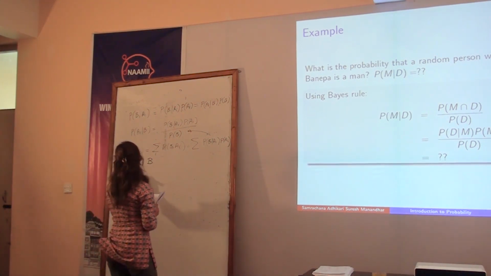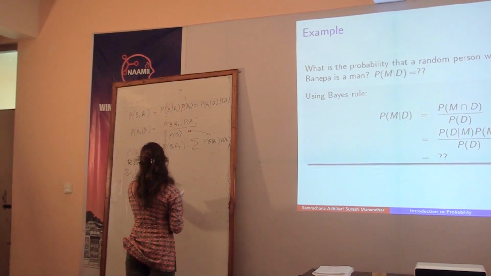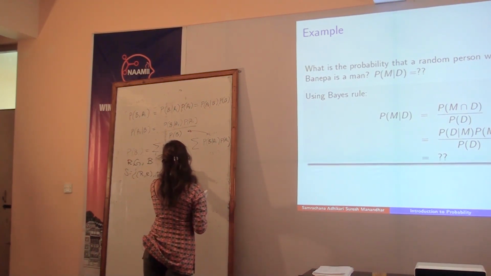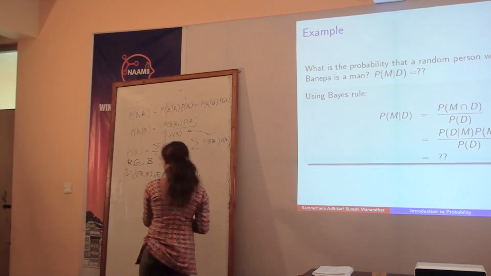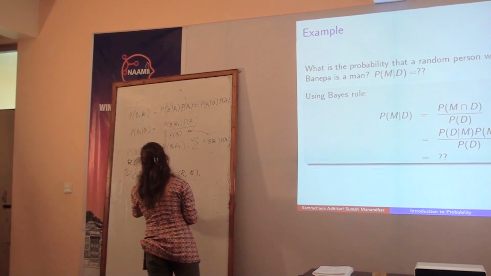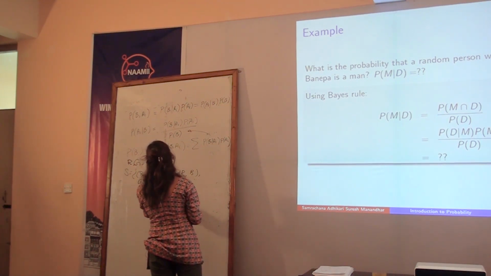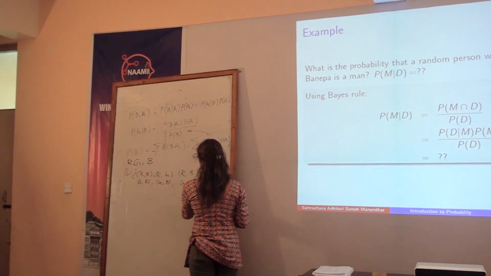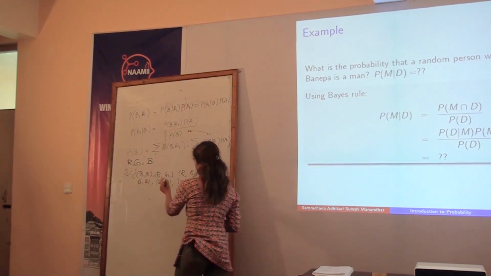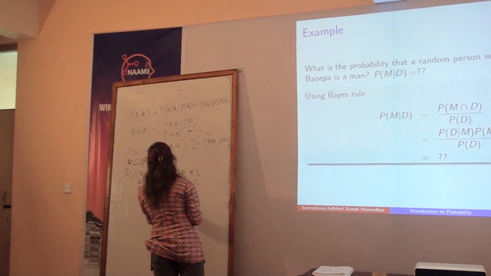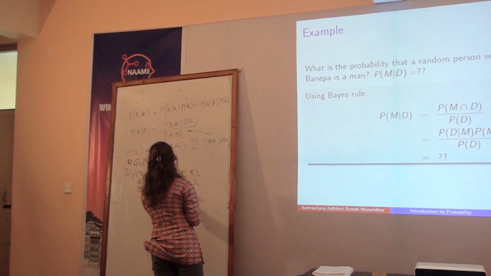You can get red and red, red and green, and red and blue if the first one was red. Or you can get green and red, green and blue, and green and green, and blue and red, blue and green, and blue and blue.